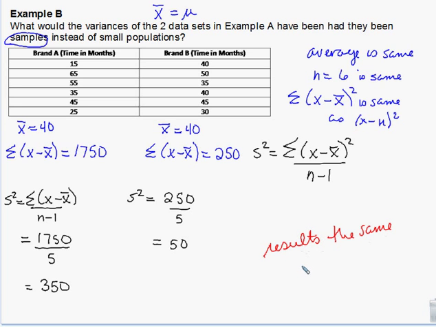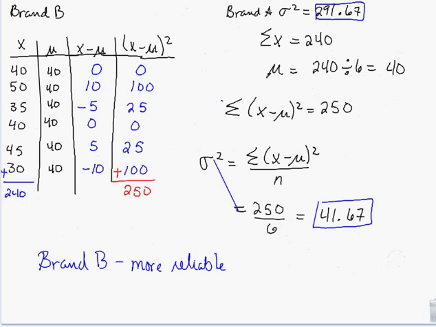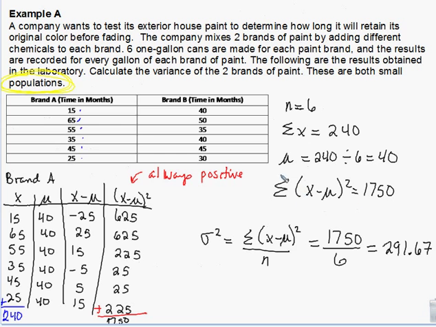Brand B is more reliable, and the sample would mirror the population. The 1750, okay. We take the sum from A here. It's the same table. The table would be exactly the same. The only difference in the table would be instead of a U, we'd have an X bar. Okay, but it would be the same thing.